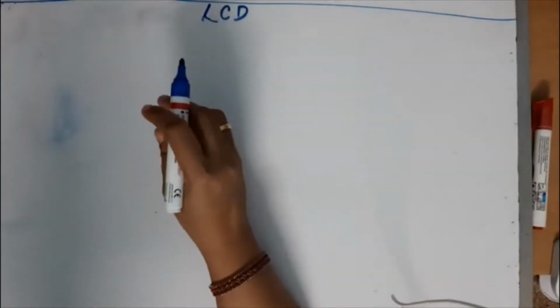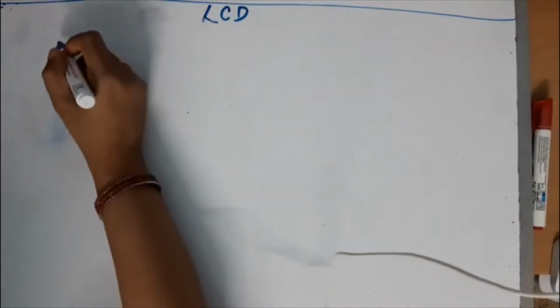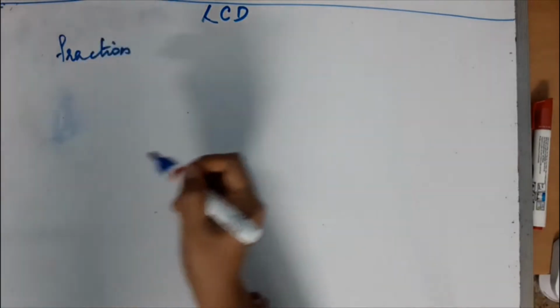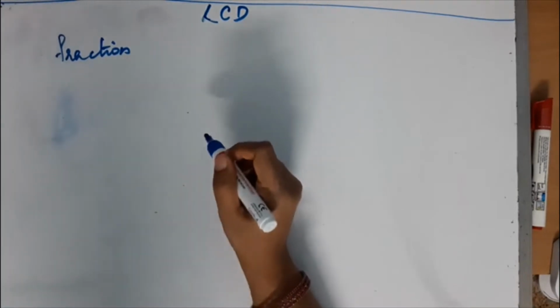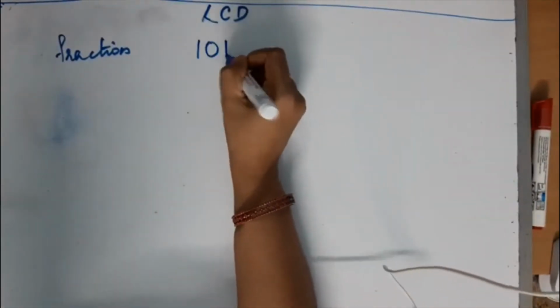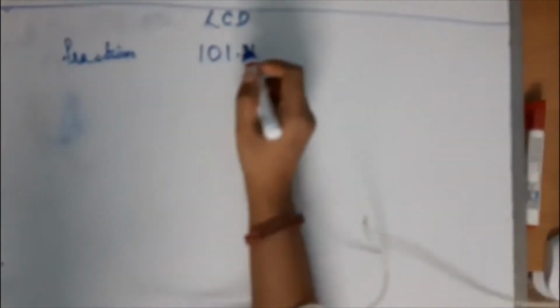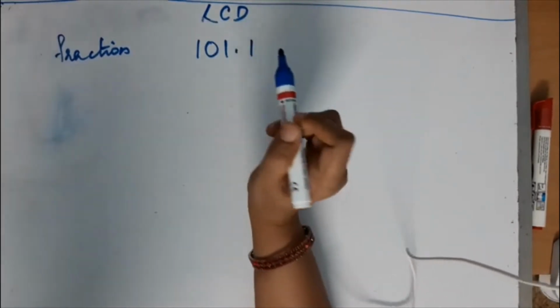That is, if there is a fraction, by fraction I mean, suppose it is 101.1. So this is the fraction part and this is the whole number part.